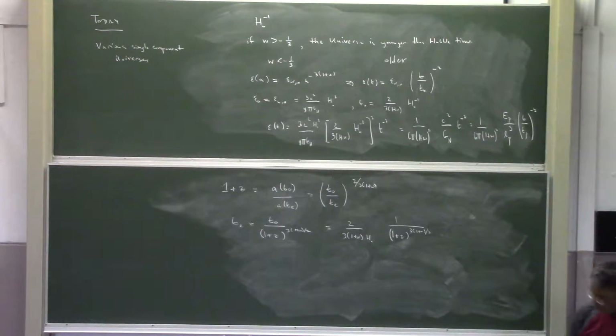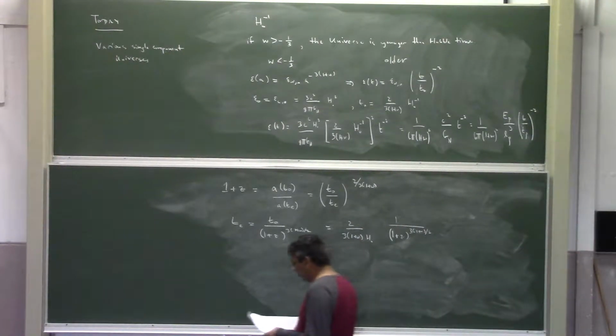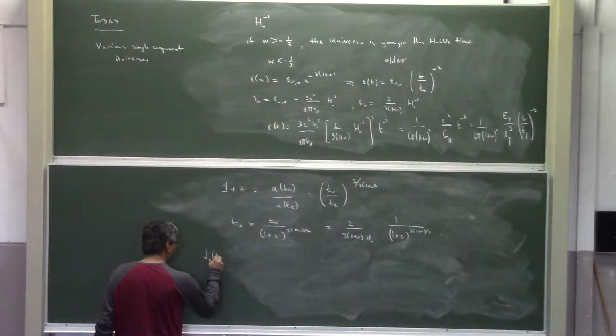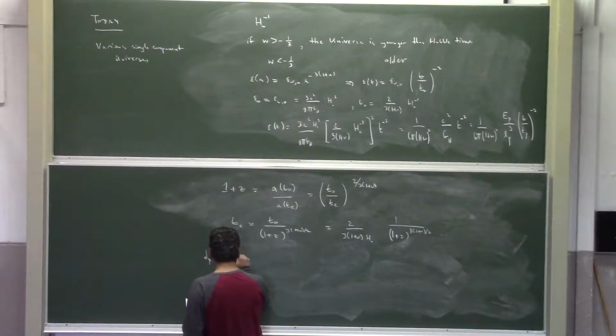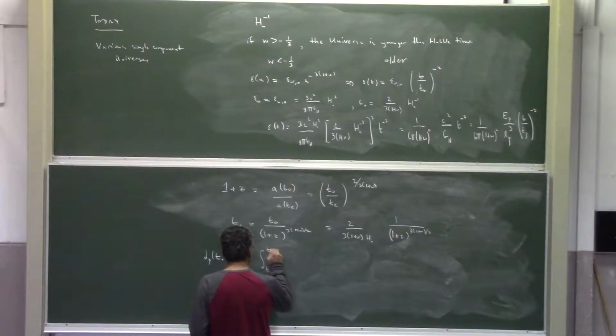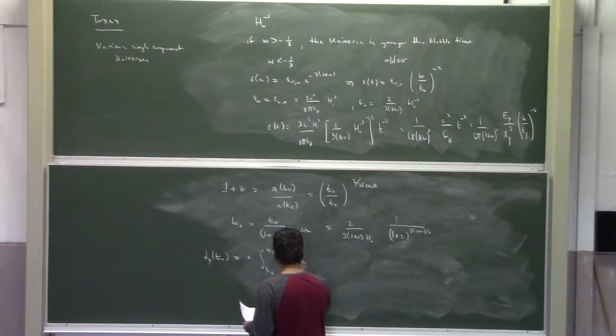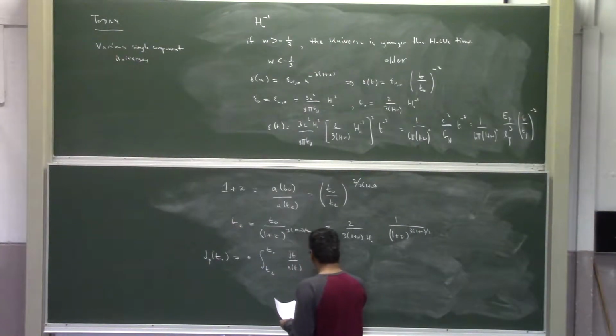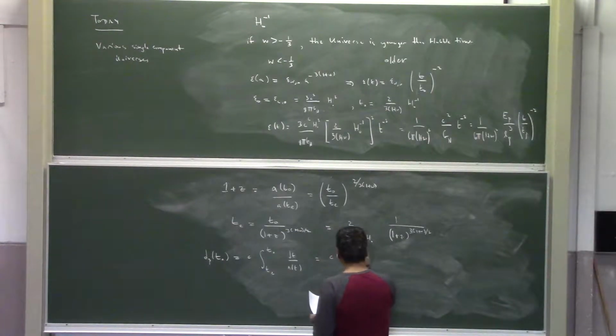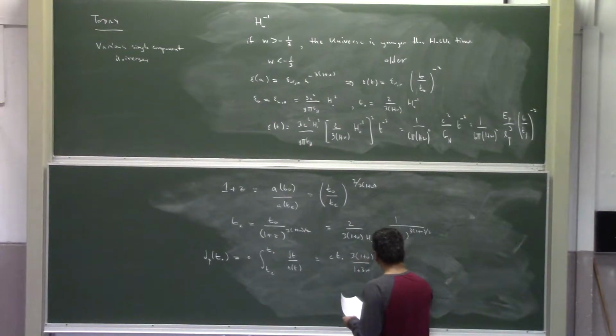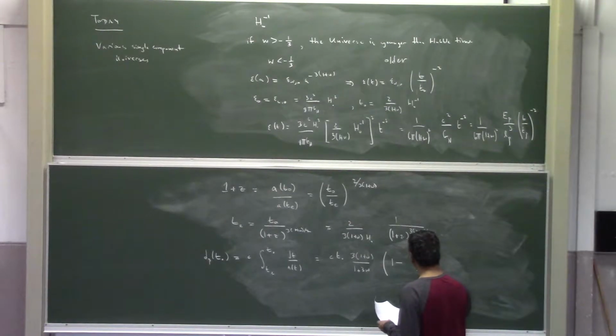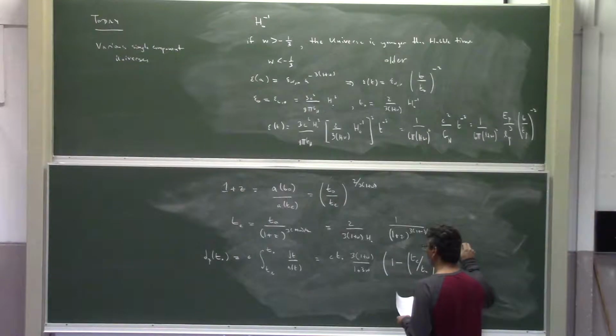So, given a redshift, we can solve for the time the light was emitted, and we can then solve for the proper distance. Proper distance is c times the integral from te to t0 of dt over a(t), and this is c t0 times 3(1+w)/(1+3w) times [1 minus (te/t0)^((1+3w)/(3(1+w)))].